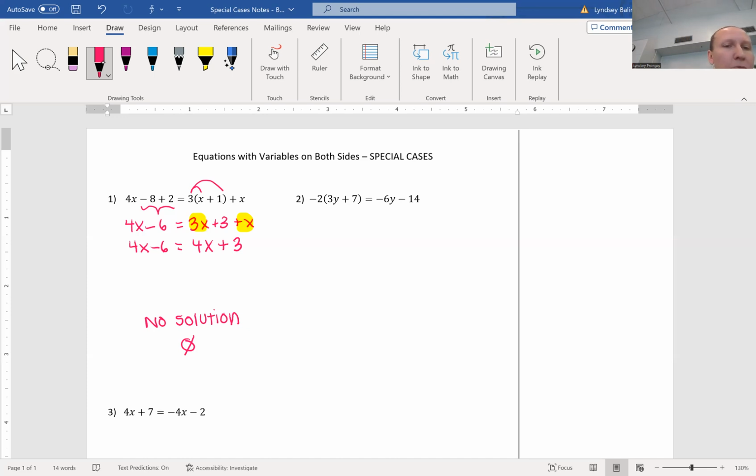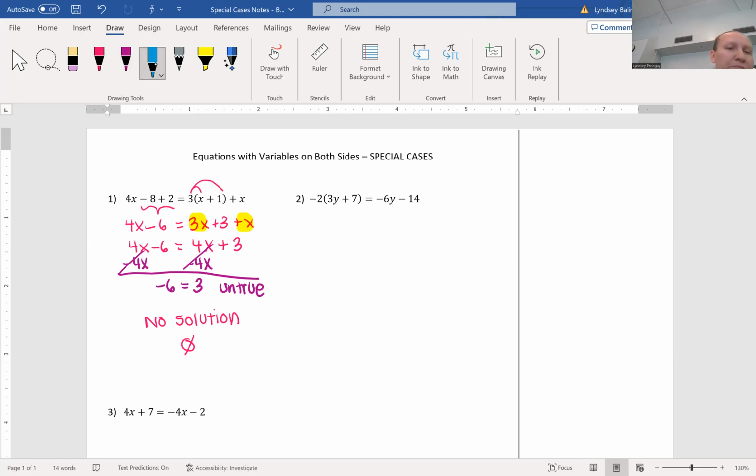Okay, if you don't recognize it there, what's going to happen is you're probably going to say, oh, I'm going to subtract my 4x to get rid of it. But I get rid of it there and there, and I end up with negative 6 equal to 3, which is an untrue statement. Okay, so if your variables completely disappear and you get something that's not true, that's also when it's going to be no solution.